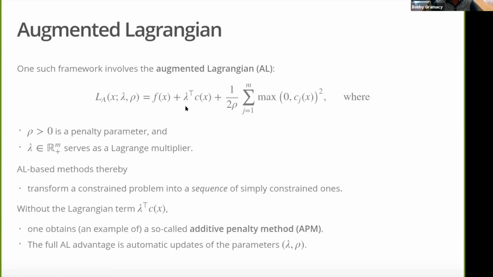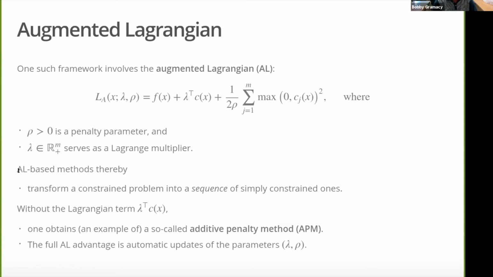I'm not an applied mathematician. I'm not going to try to explain to you except on the level that I understand it. It's got objective, it's got constraints, it's got Lagrange multipliers, and it has an algorithm for setting those parameters, for determining what the penalty parameter should be, for determining what the Lagrange multiplier should be, in order to come to a numerical solution that minimizes the objective and satisfies the constraints.